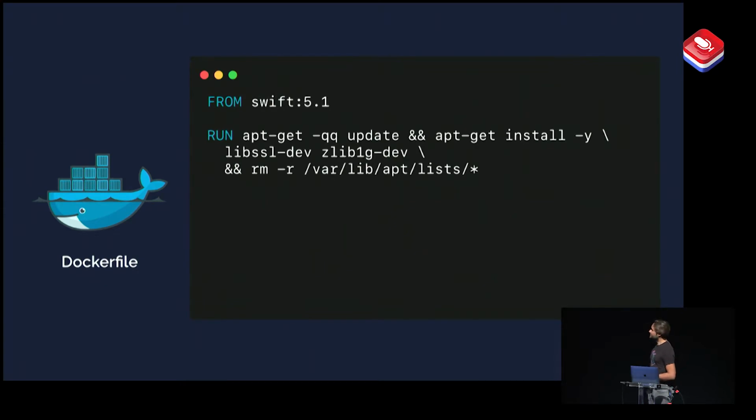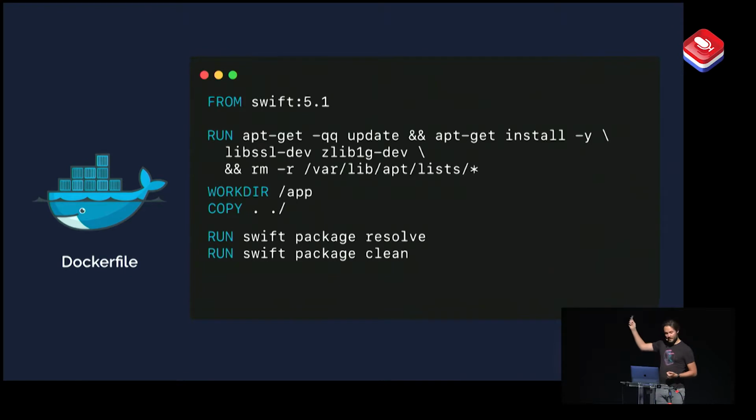So you need that image, and we need to install some extras here. Then we just copy our source code to the created container work directory. And then we will run SPM to fetch all the needed dependencies. And finally, we just need to define the command that we will run when the container gets launched.